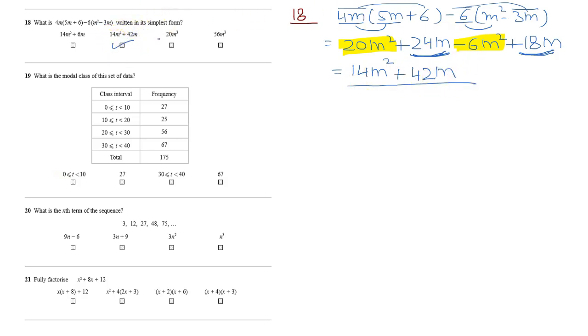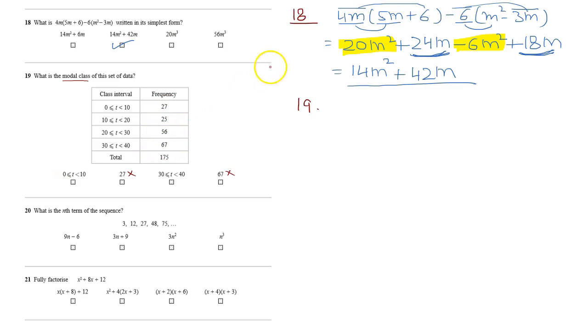Question number 19. What is the modal class? It is asking the modal class, so these are out of question. So now you have just these two. The frequencies are 27, 25, 56, 67.